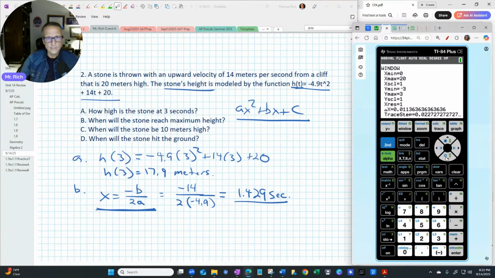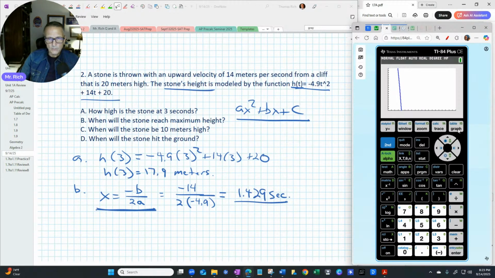So 20 seconds. I'm telling the calculator how far I want the x-axis to go out in the window. And then I'm going to set the y min, and I'm going to start that at 0, ground level, and we'll go up to 20 as well. All right, so once I set my x min, x max, y min, y max for the window, I can hit graph, and then I see that.